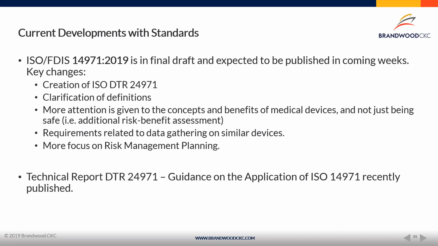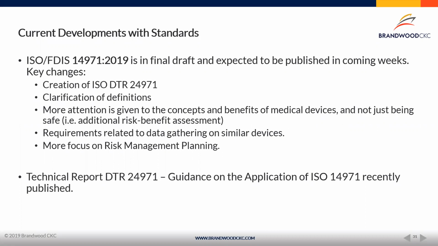And the last one is that there's a significant focus on the plan. So before, the plan kind of just was this high level document that basically described, it was almost like a reiteration of your risk management SOP. So you would basically say, we're going to follow the same steps that are outlined in the SOP. Here's our intended use, here's our product, so on and so forth.